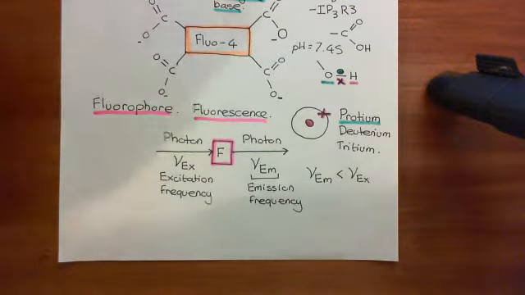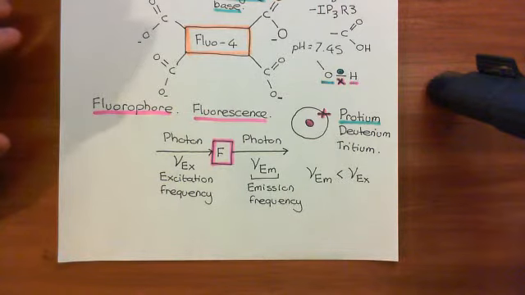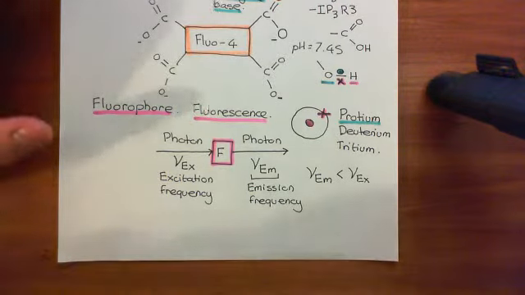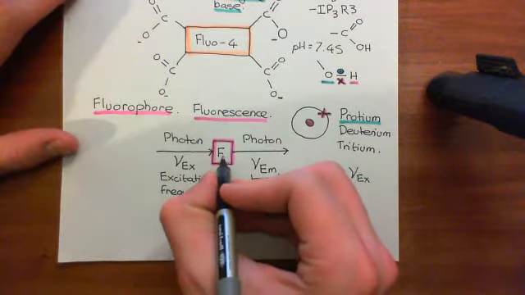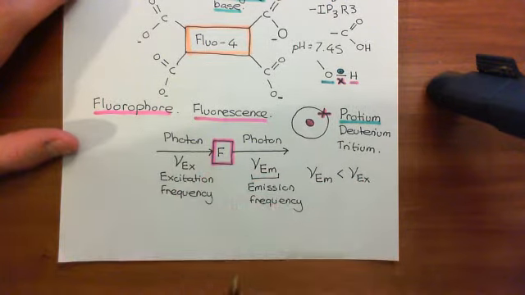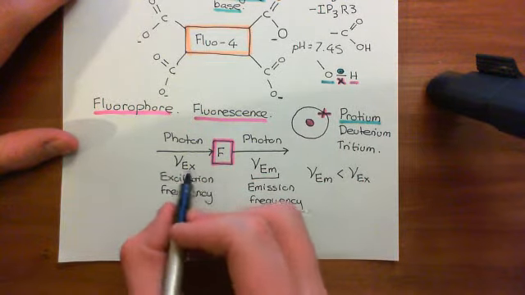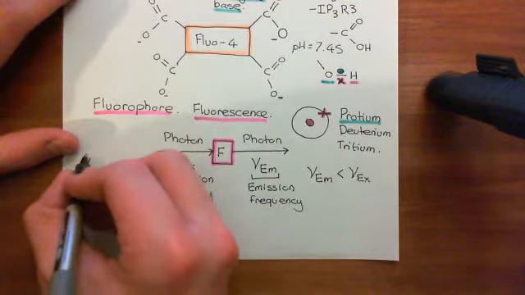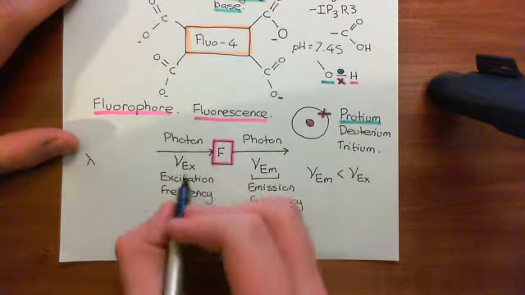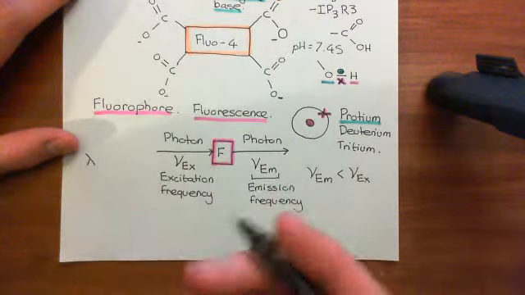So let's see this in the context of Fluo-4 specifically. Now let's say this is Fluo-4. We're going to go over from using frequencies to using wavelengths, but of course we know that one is just inversely proportional to the other.